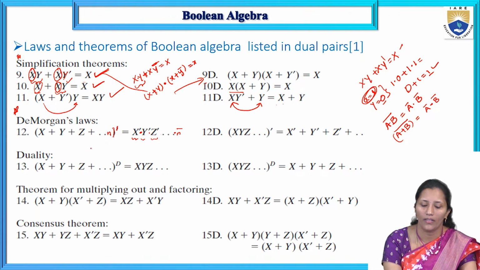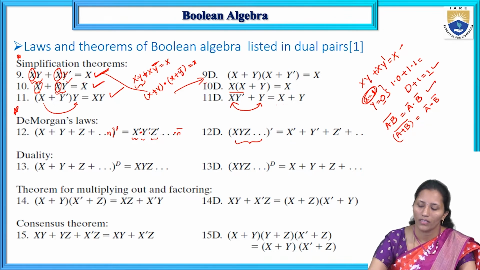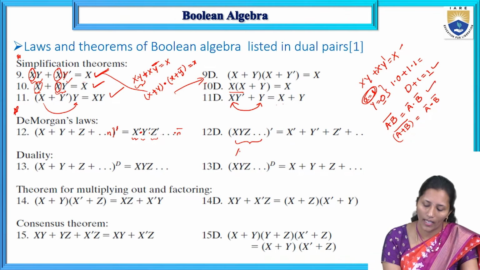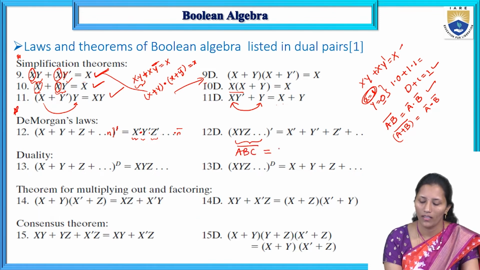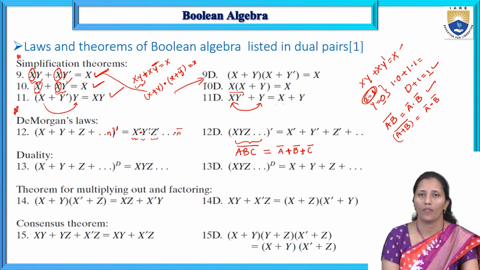The duality of De Morgan's law is, for x, y, z, the complement of the product of the variables is equal to the summation of the individual complements of the variables. Suppose if you want to write A, B, C whole bar, it is A bar plus B bar plus C bar, the individual complements, and we have to add those complements.